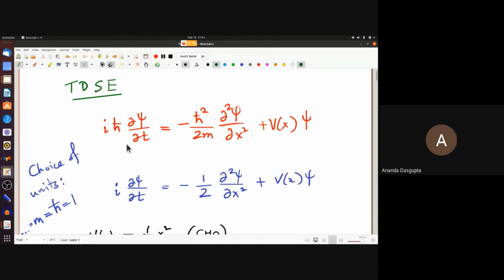So first of all, as you all know, this is the Schrodinger equation that we need to solve. I h bar del psi del t. This, of course, is the actual Schrodinger equation. H psi equal to E psi is a consequence of this. And frankly, because most of our courses spend most of the time trying to solve H psi equal to E psi, people tend to forget that it is nothing but a separation of variables step in the way of actually solving the time-dependent Schrodinger equation, which is the actual Schrodinger equation.